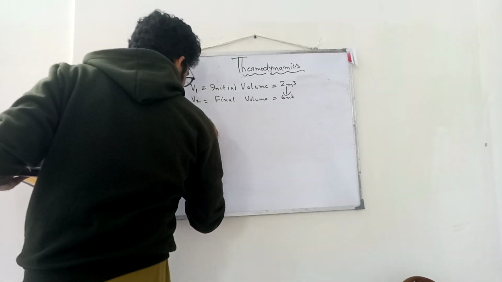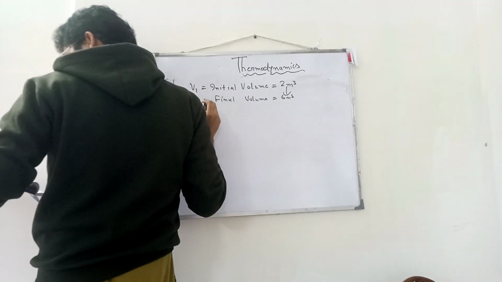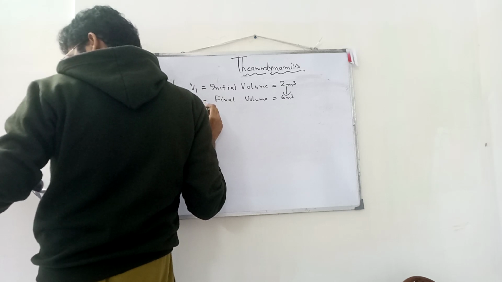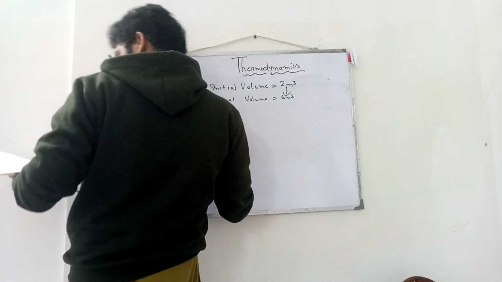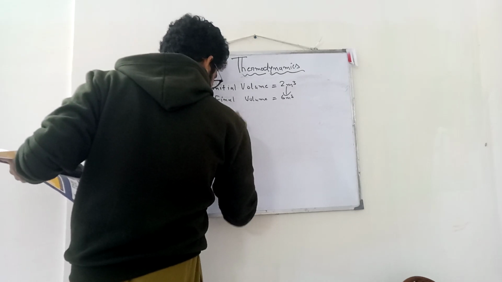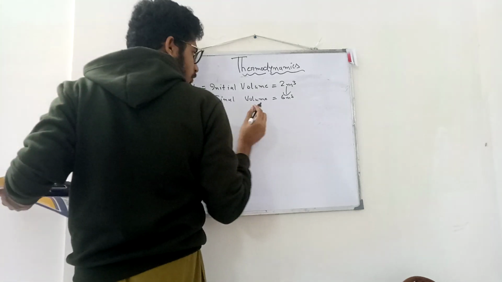W12, here from 2 to, not 2 to 3, from 2 to 6, like this. And the formula is what?